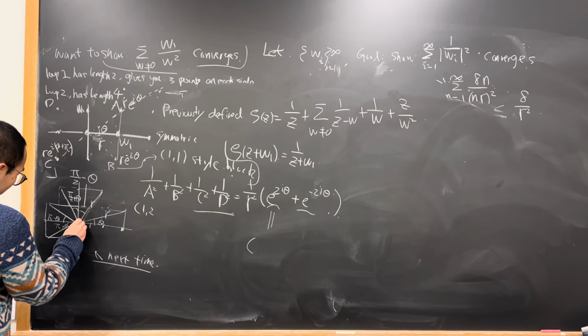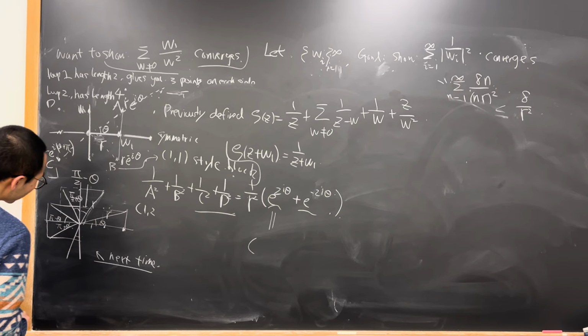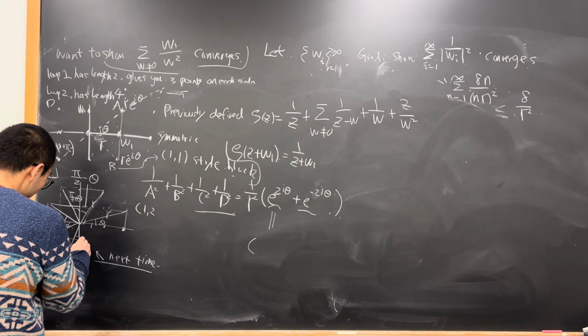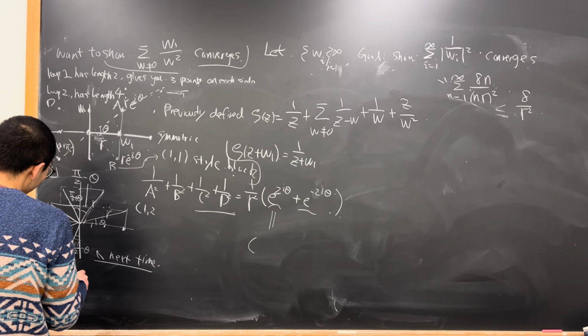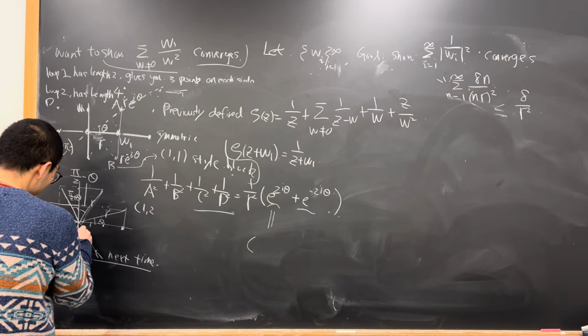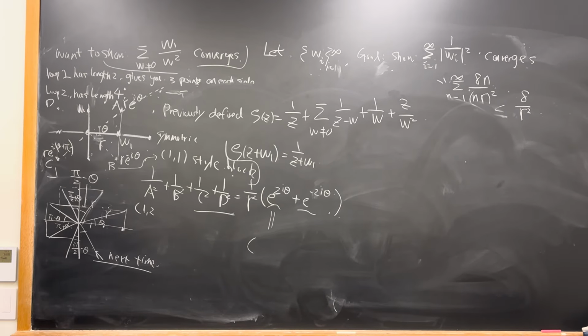And then you have another one, 3 pi over 2 minus theta, and then you have 3 pi over 2 plus theta.